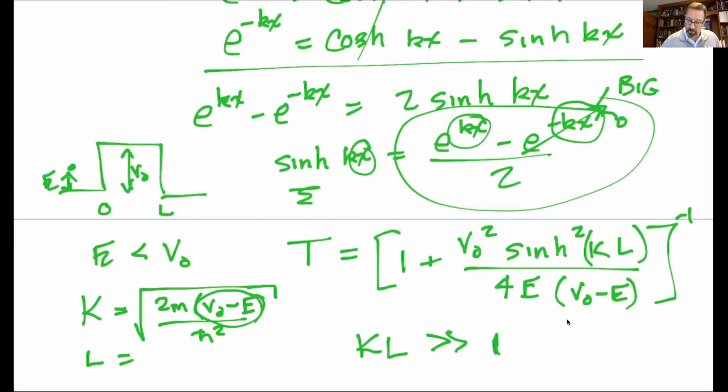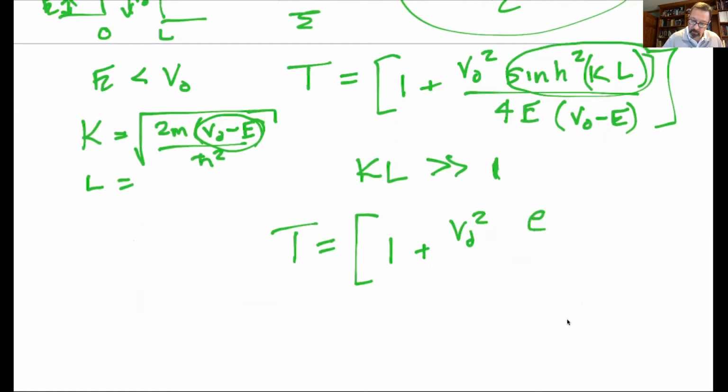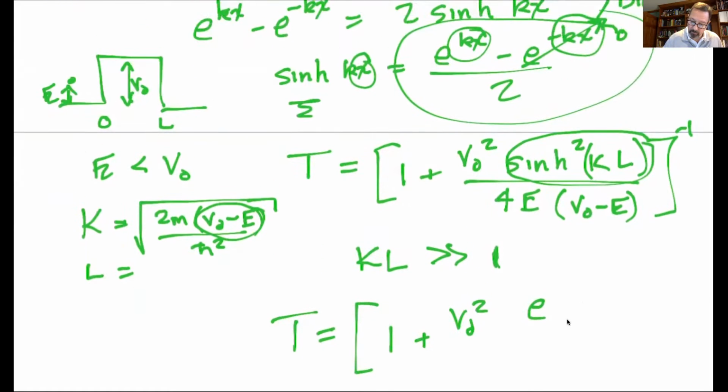I guess my point is, look what happens to this equation in the case where kappa times L is a very big thing. Well, it looks like the transmission coefficient can be written 1 plus V0 squared, replacing this with just E. Slide back up right there so you can see where I'm getting this from. I'm looking at the rest of the terms here.